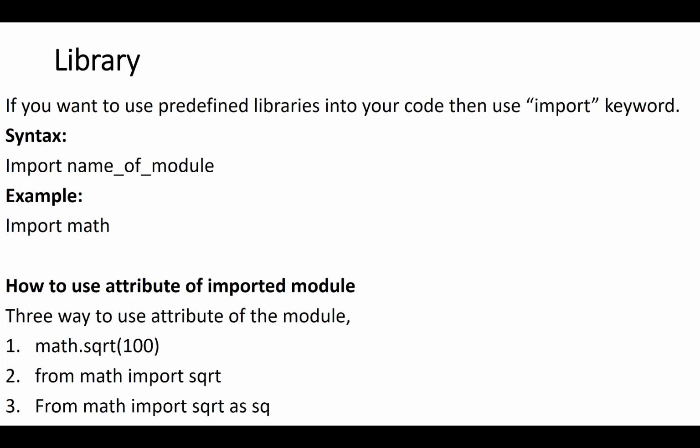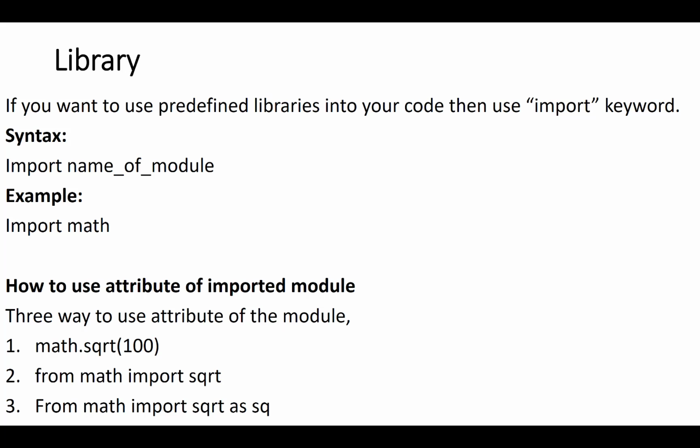Similarly in math.sqrt, the module name and the attribute name are separated with a dot. Second, use from math import sqrt. In this second method, it is not necessary to use math in multiple statements. The square root is accessed with a simple name.